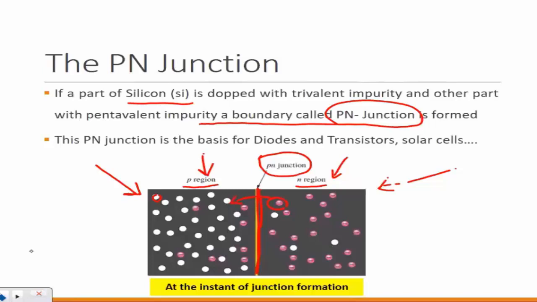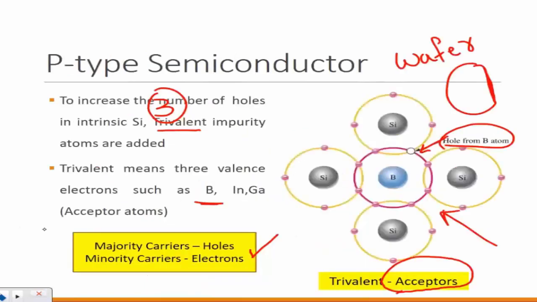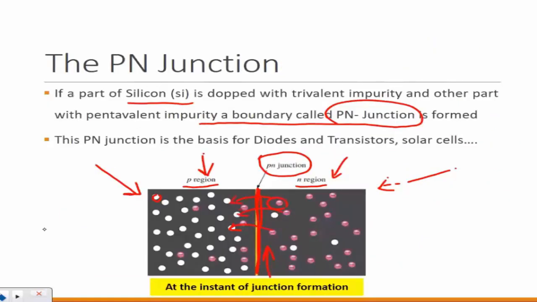So the electrons close to the junction will try to reach the other side, because there is a force of attraction, correct? As they move, what will they be leaving behind? The holes, right?